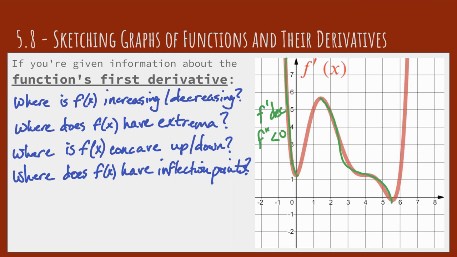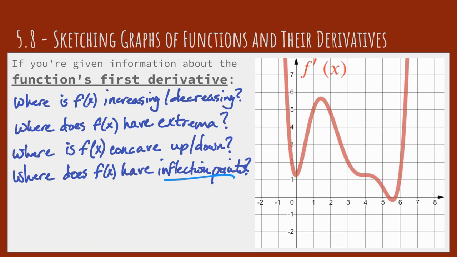On the other hand, anywhere that f prime is increasing, we're going to have a second derivative that's positive, and therefore f of x is going to be concave up. So if we're answering questions about inflection points, then we're looking for where the derivative itself changes from decreasing to increasing.